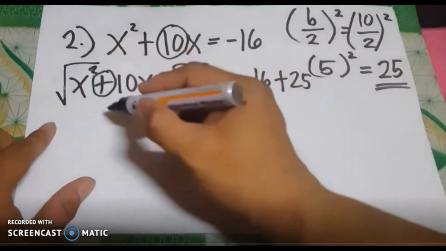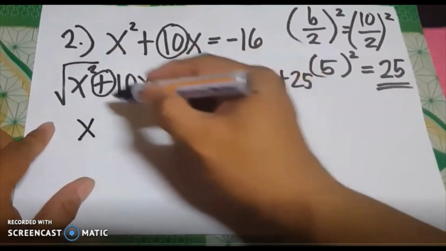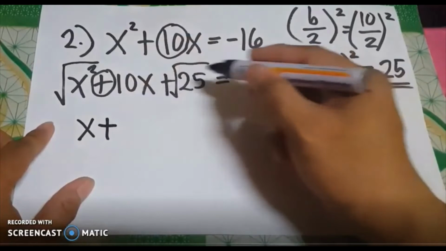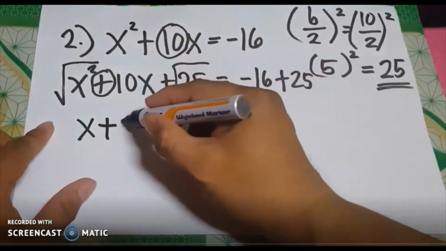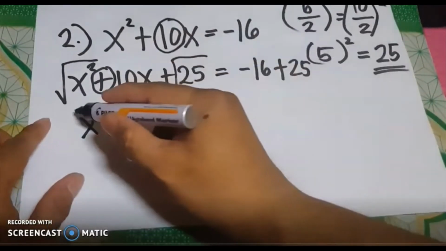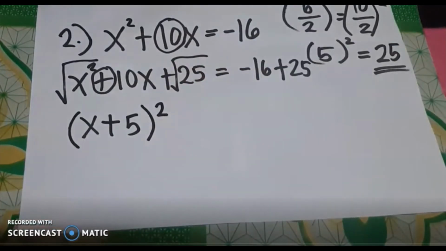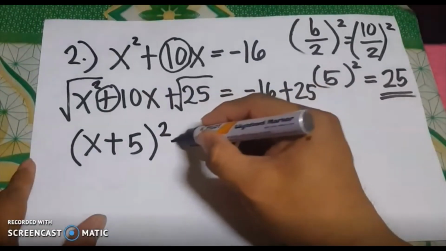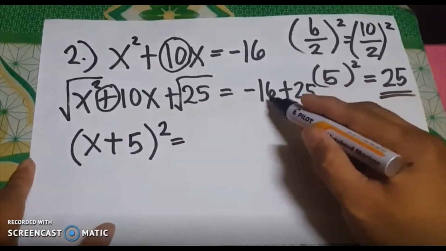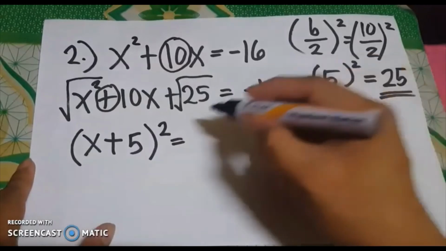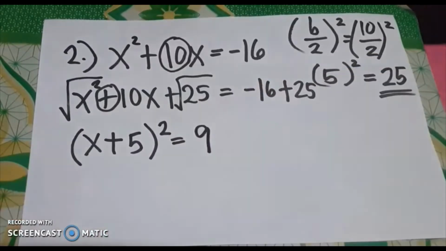So we do have square root of x squared is x, the operation of the middle is plus, but the square root of the last term is 5. Then quantity squared. So its factors are square of binomial. Then it will be equal to negative 16 plus 25 is equal to 9.